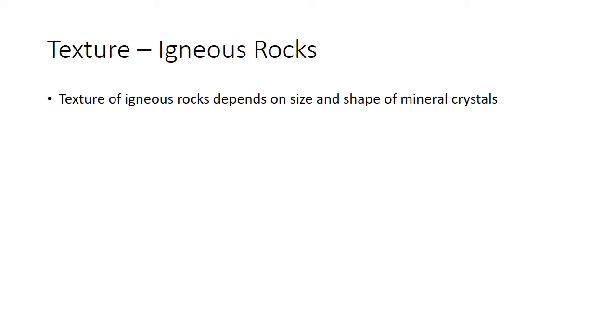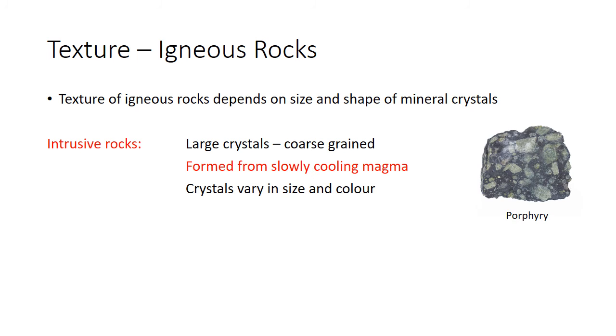What about the texture? The texture of igneous rocks depends on the size and shape of the mineral crystals inside. Intrusive rocks usually have large crystals. They are coarse-grained. They are formed from slowly cooling magma.